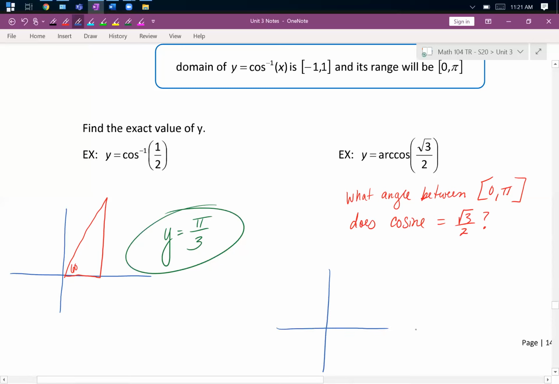Well, cosine being positive out of quadrants 1 and 2, we have to be in quadrant 1. Square root of 3 over 2 is the long side of our 30-60-90 triangle. So that's going to give us a triangle with just a 30-degree reference angle.